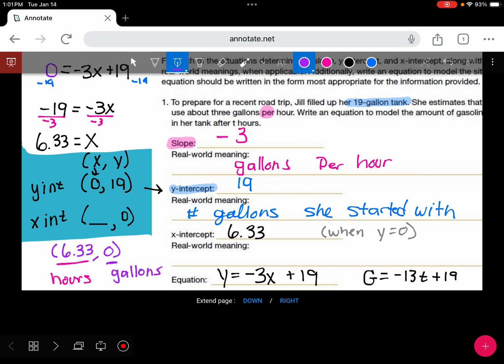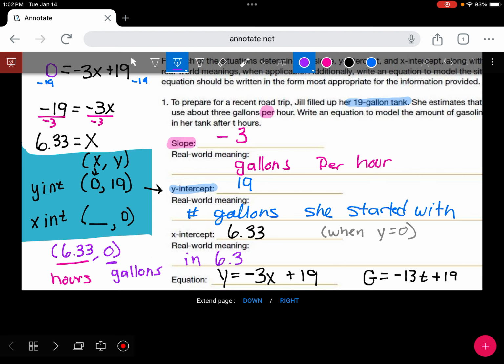So if 6.33 is the number of hours and 0 is the number of gallons, what does that mean? What that is, it takes 6.33 hours for her tank to empty, for her to be out of gas.